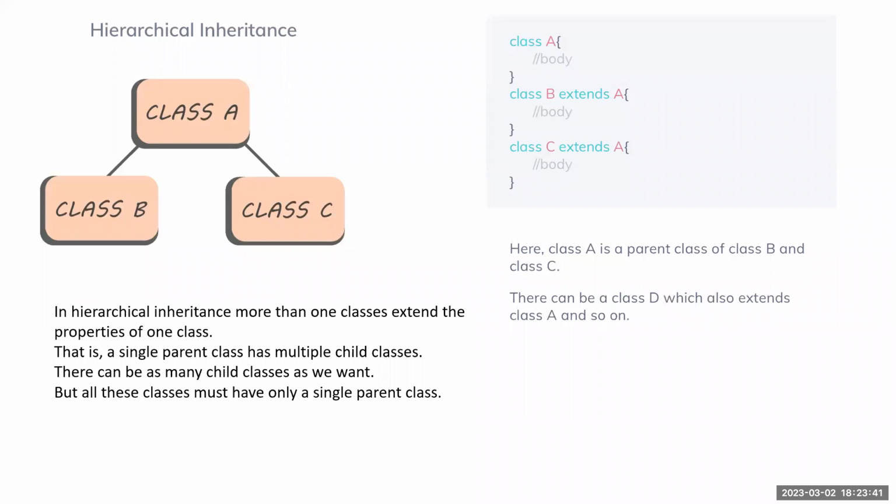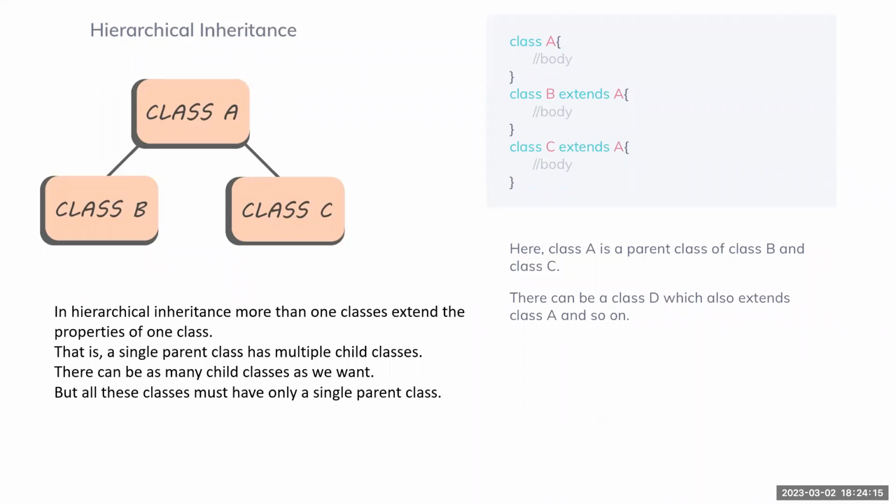Like, class B can extend A, and class C also can extend A. Whatever we have in class A can be used in class B if we use extends, and similarly, class C will also have all the properties from class A.